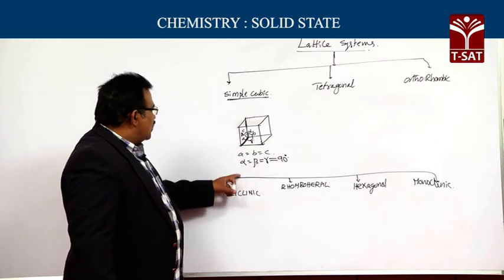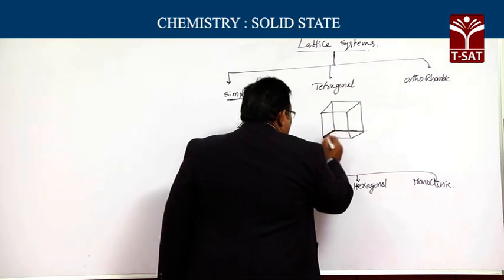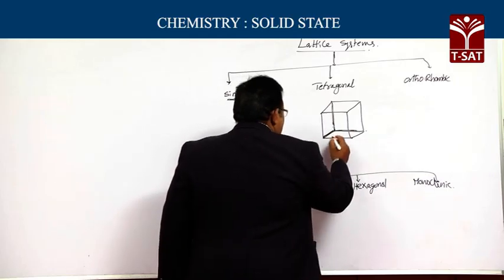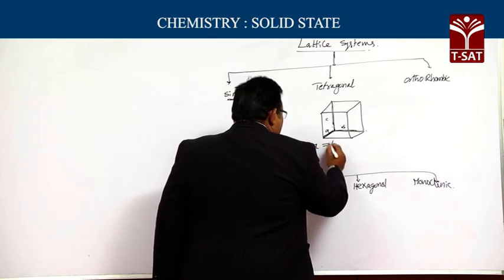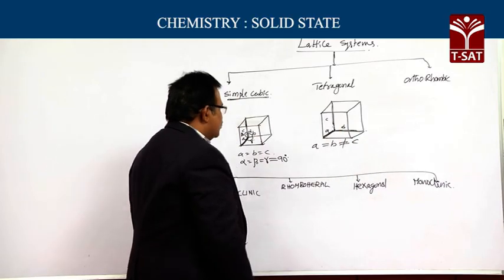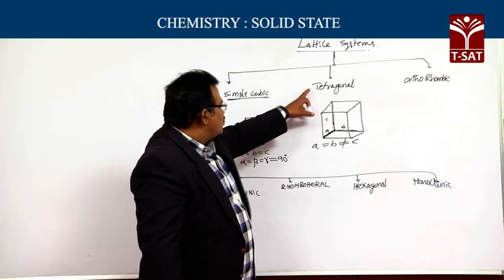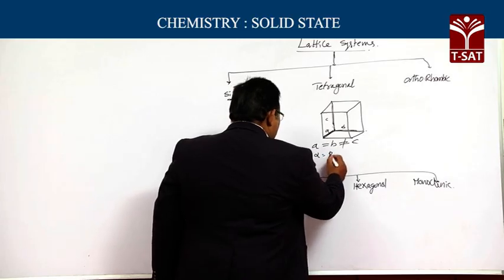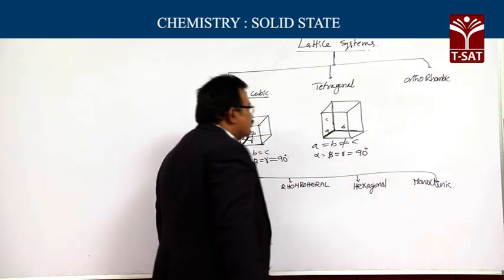If the parameters are like this, it is called simple cubic. If two lengths are equal, but this length is not equal, that means a equals b, but b is not equal to c, this kind of unit cell system is called tetragonal. Here alpha is equal to beta is equal to gamma, and the angle is 90 degrees.